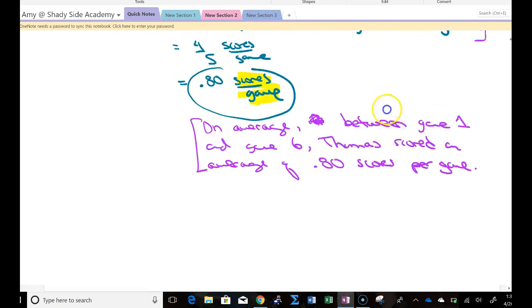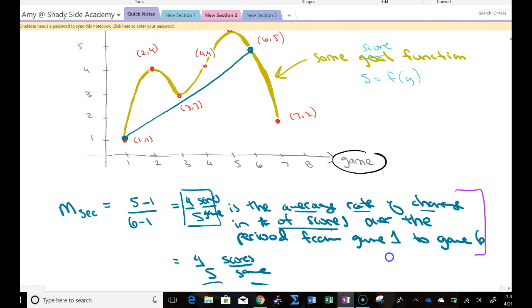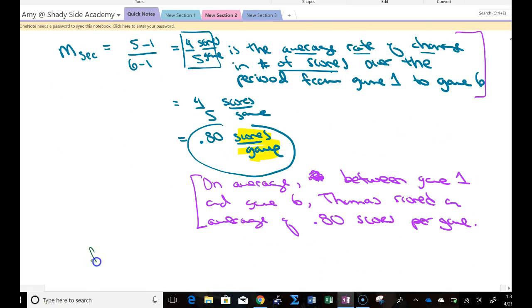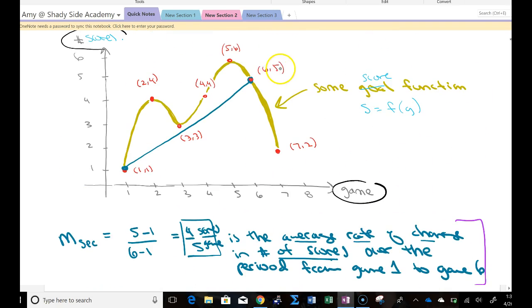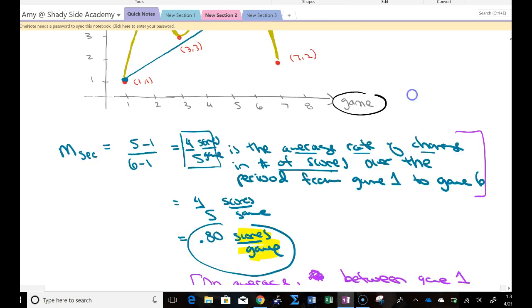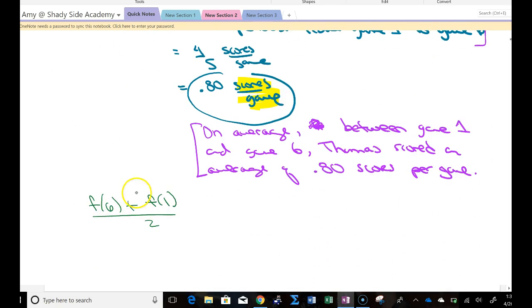Look what they do. They say f of 6 plus f of 1 divided by 2, right? They say y value of 6 plus y value of 1 divided by 2, and they say this is the average rate of change of number of goals scored per game. That is not what this is.